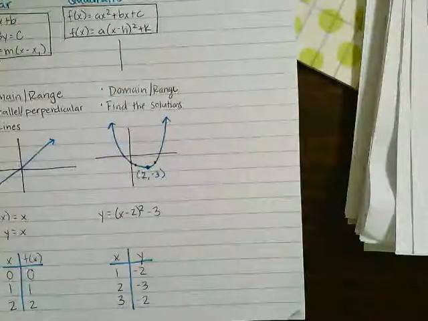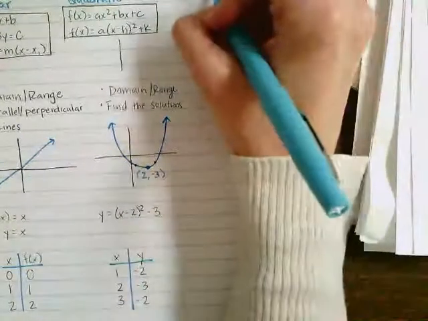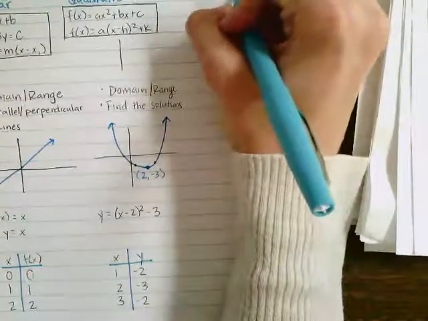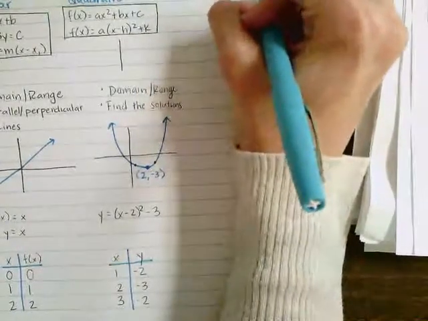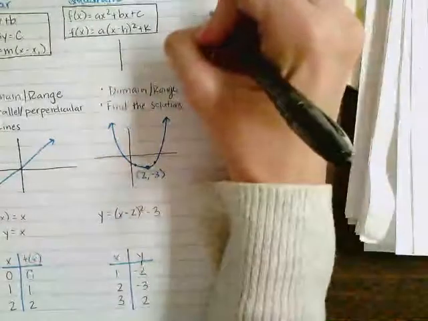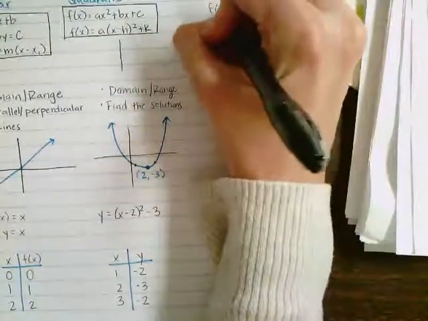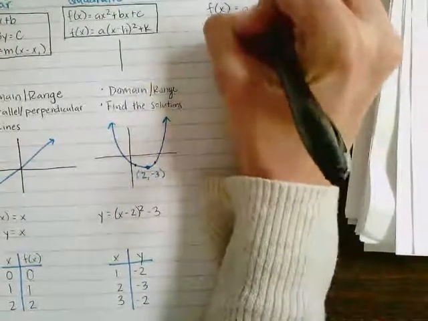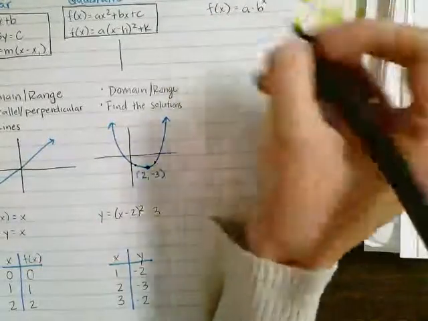The last function, hopefully I can finish within 15 minutes, is exponentials. Within exponential, there is only one function. It is f of x equals a times b raised to the x power.